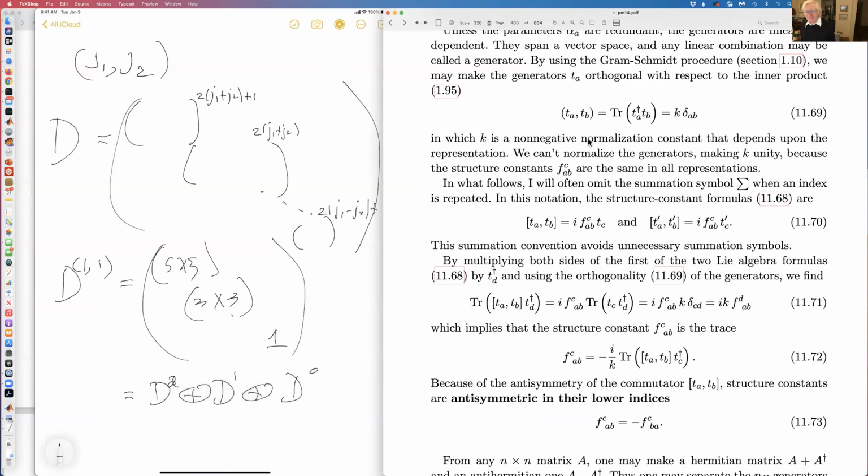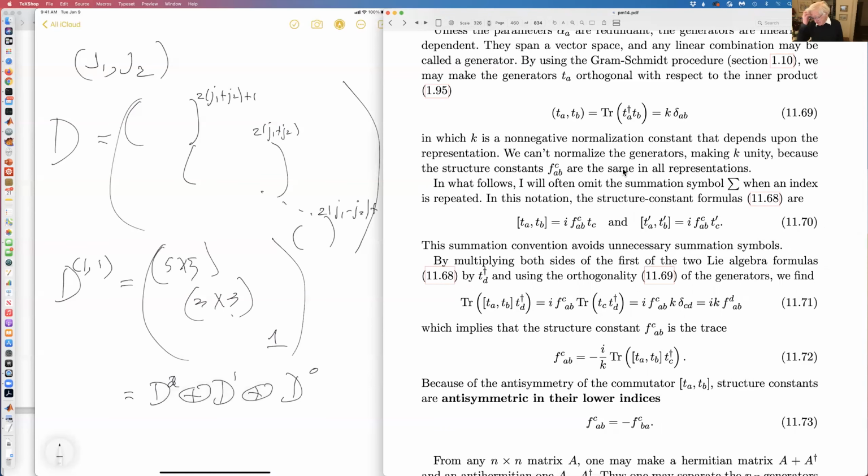And for that reason, the generators don't wind up with the same norms. So the thing that has to be the same for all representations is the multiplication law, because they're all representations of the same group. And that means the structure constants have to be the same. But once you've got that, you can't get the normalization the same.